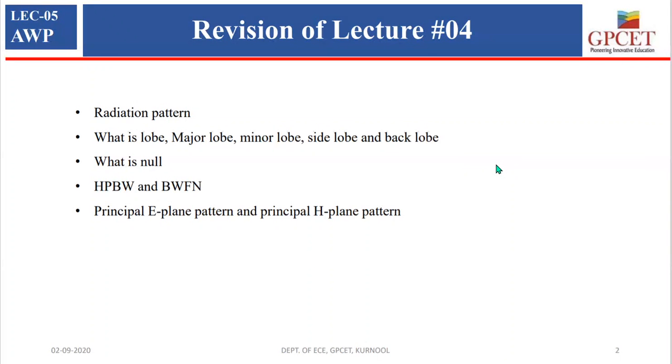Half power beam width, by seeing the name also we can understand it. If you take the normalized power pattern, when we use the term normalized, the maximum value of the power or the field will be equal to 1.